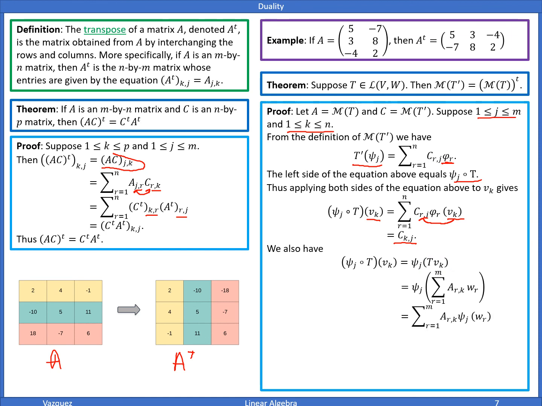Which, as we had seen previously in the matrix section, we could just put this here because these here are just scalars, which is just equal to the matrix A_jk.